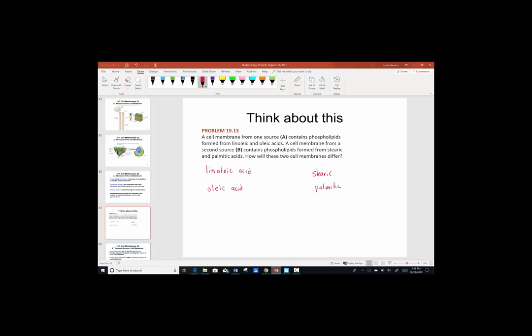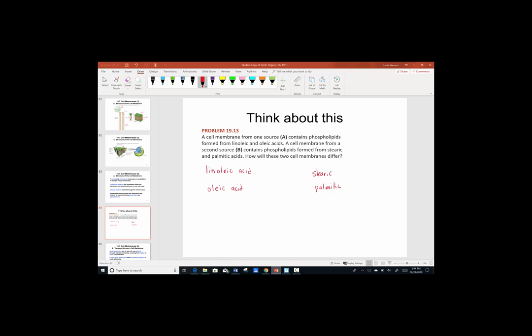I want you to decide which ones are saturated and which ones are unsaturated as you tackle that problem. I don't want to just give the answer without some think time, but I'm hopeful that you'll find the answer as you think deeper into what type of structures you're looking at. What do linoleic and oleic acid have in common?